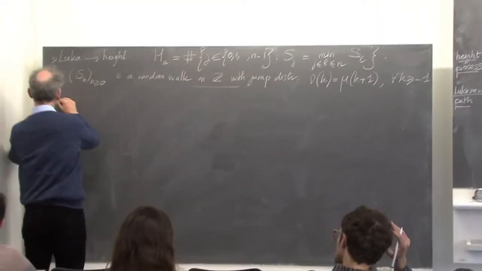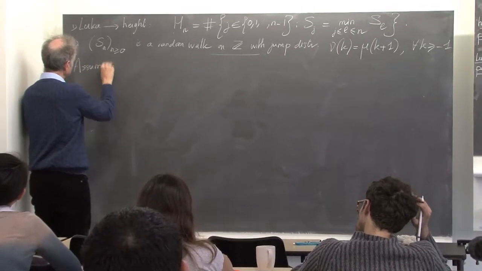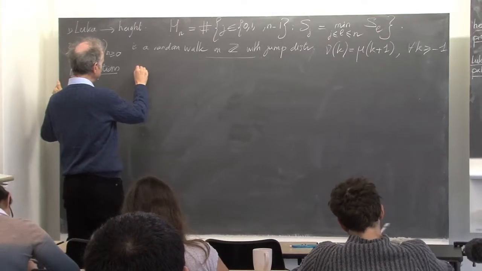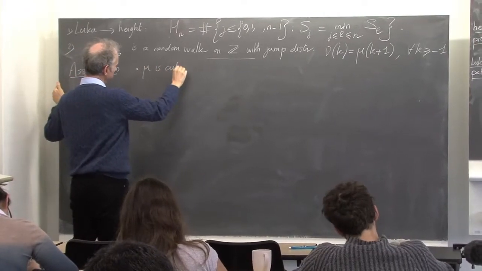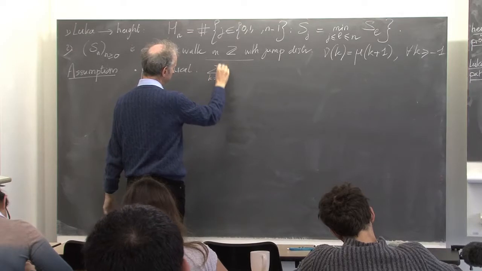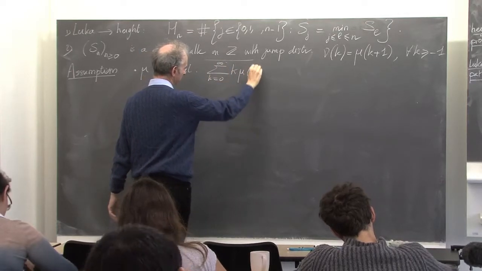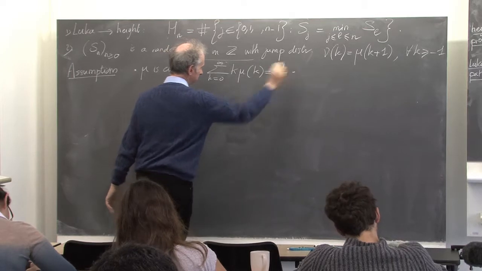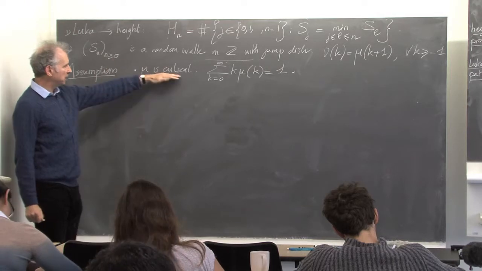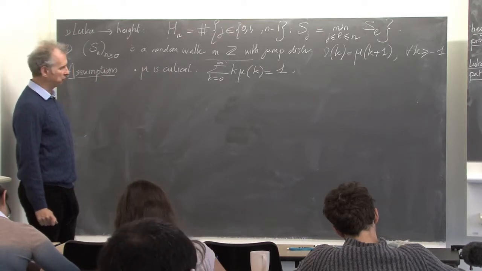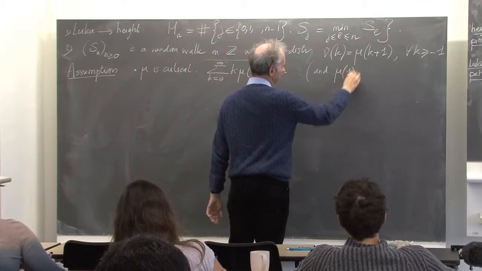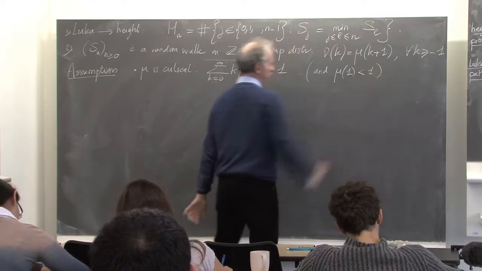Maybe I should now state my assumptions more precisely. So I will assume that mu is critical, which means that the mean of mu is equal to 1. Last time I was considering critical or subcritical. Now I want to have a critical offspring distribution. And I keep assuming, as I did last time, that I avoid the trivial case where mu of 1 would be equal to 1.